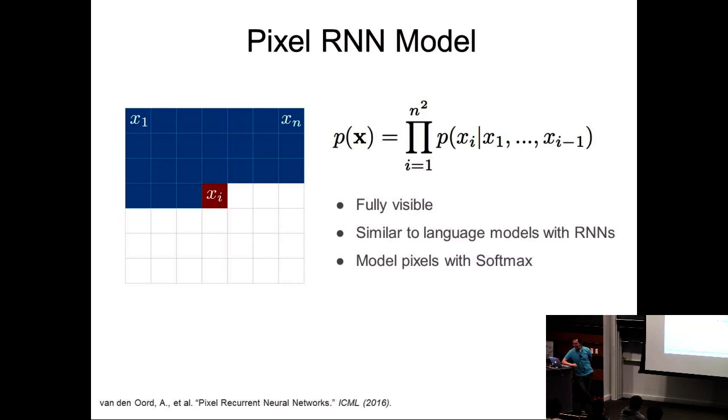It's a fully visible model, with no hidden variables. It's similar to language models with RNNs, and you model pixels with a softmax, which is crazy, because you're effectively saying that given everything before, I'm trying to predict the value of x_i, and the value of x_i is going to take a value between 1 and 256.